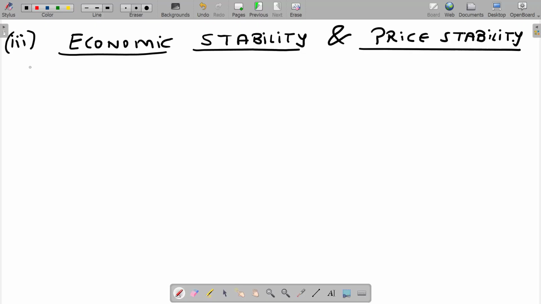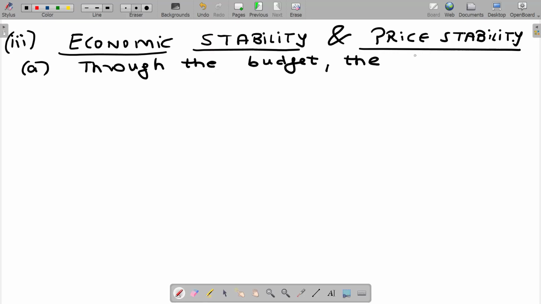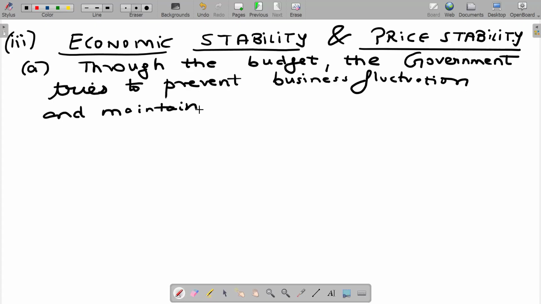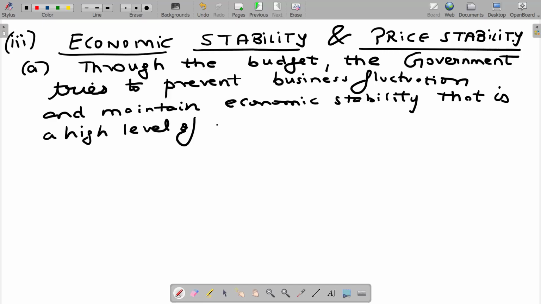So I can write point A within this: through the budget, the government tries to prevent business fluctuations and maintain economic stability, that is a high level of employment and price stability.